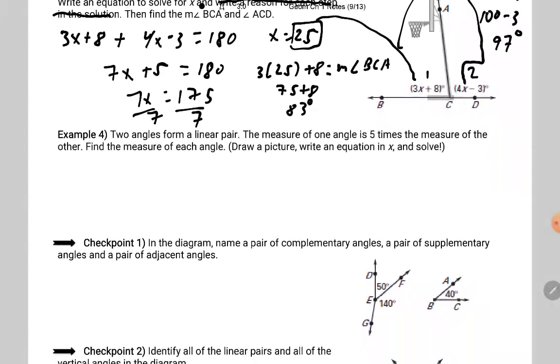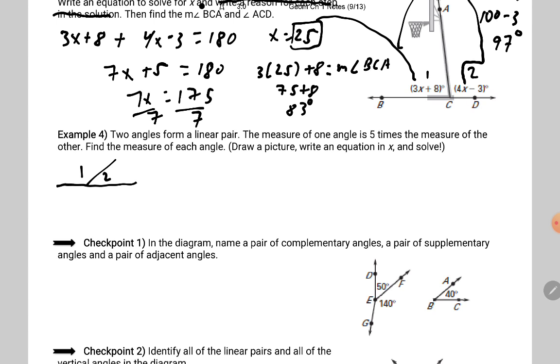Example 4. Two angles form a linear pair. The measure of one angle is 5 times the measure of the other. Find the measure of each angle. So two angles form a linear pair. So it looks like this. 1 plus 2. The measure of one angle is 5 times the measure of the other angle.